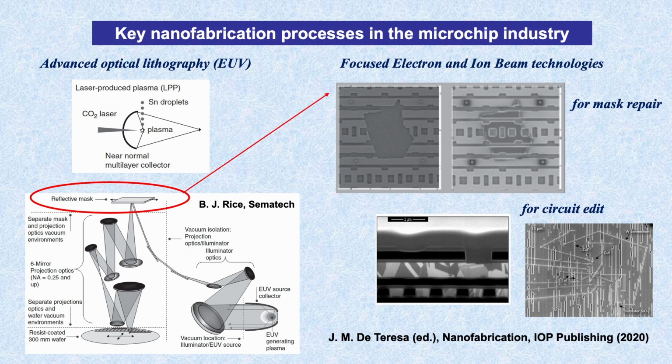and I would like to comment on two key ingredients in this technology. One is how it works. You have to produce photons at a 13.5 nanometer wavelength. And for that, you have some thin droplets that you melt and vaporize with a laser.